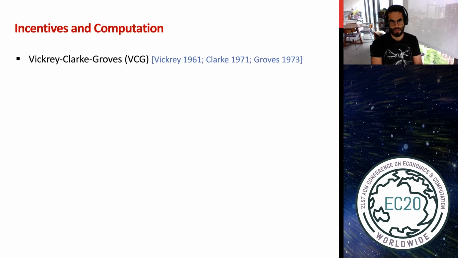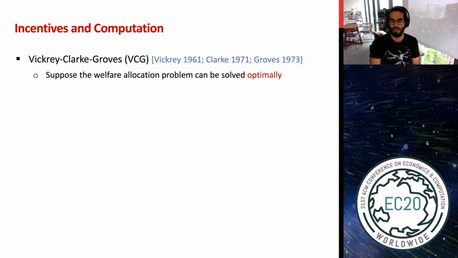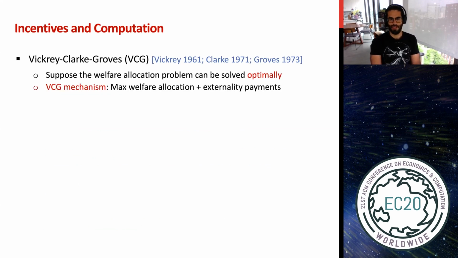So as we all know, the celebrated result of Vickrey-Clarke-Groves gives a compelling answer to this question only if you can solve the underlying optimization problem optimally. What does that mean?